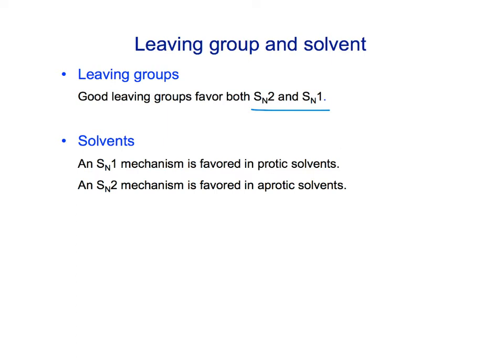In general, SN1 mechanisms are favored by protic solvents, and so these are things like water and alcohols predominantly. And like I mentioned before, when these are actually the nucleophile as well, this would be solvolysis. SN2 mechanisms are favored by aprotic solvents.